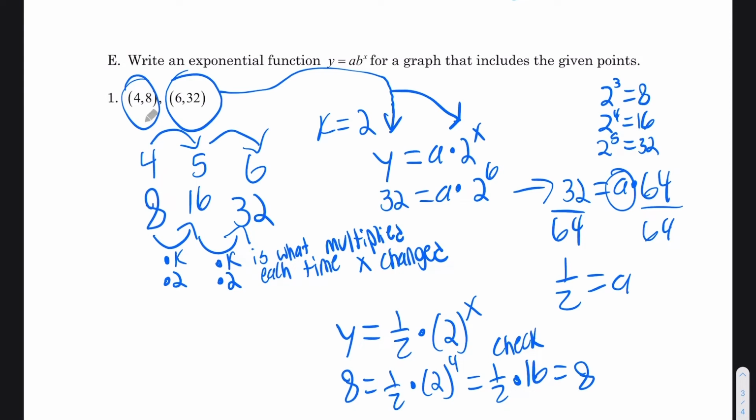To summarize the steps, we took the ordered pairs 4 with 8. We wrote them so that 4 matches with 8, 6 matches with 32, and I left some space in between because something happened between 4 getting to 6. At first, we didn't know what these center numbers were, but we just knew somehow we went from 4 to 6.